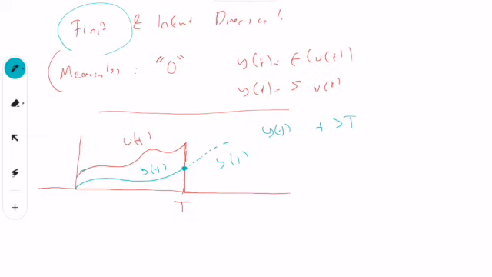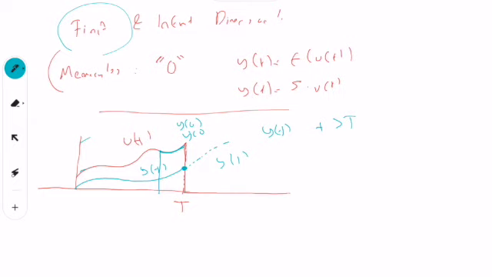But if you can summarize all of this with a couple of initial conditions, let's say if you know y0, it's enough, or if you know y0 and y prime 0, it's enough, you can compute the output. Your system is finite dimensional.